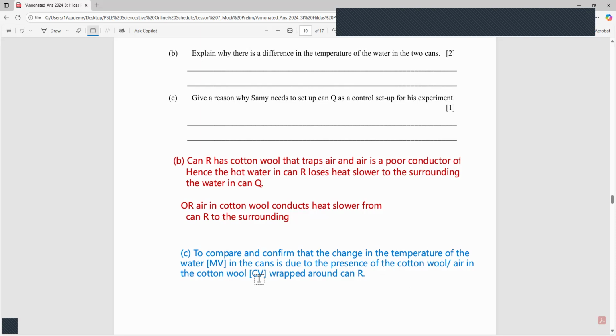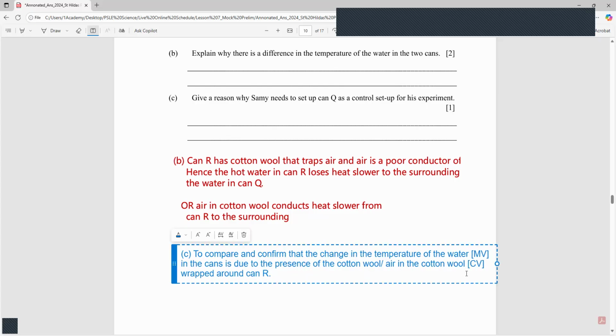The CV is called a control variable, but this one is not necessary, I just remove this. MV is a measured variable. The CV is a control variable. To compare and confirm.